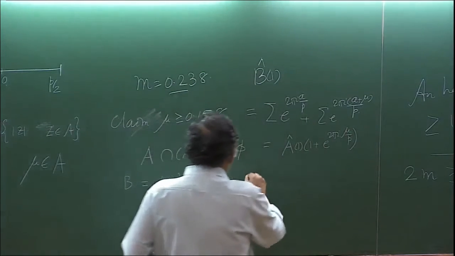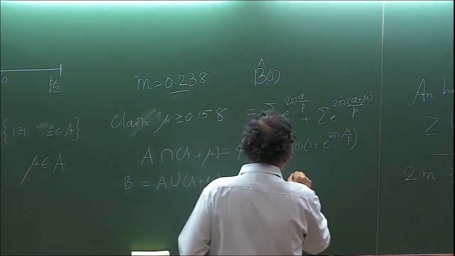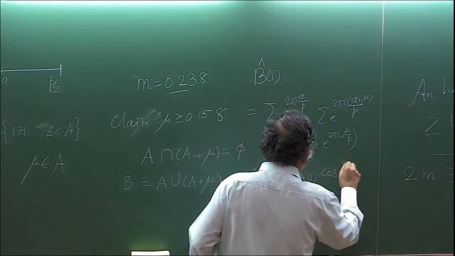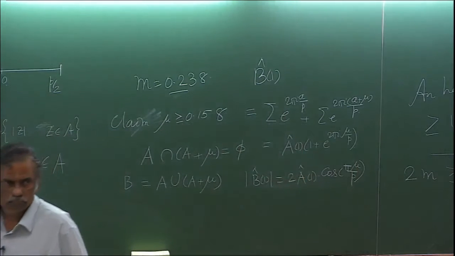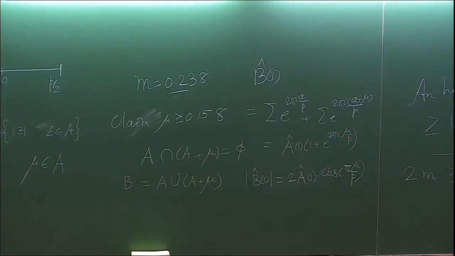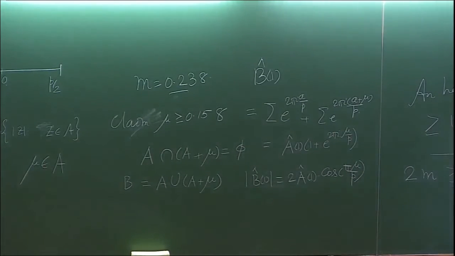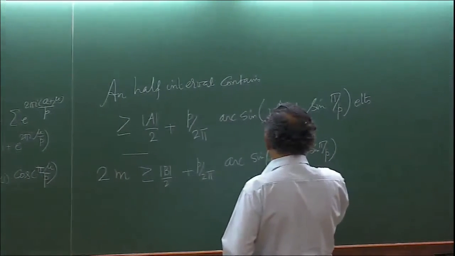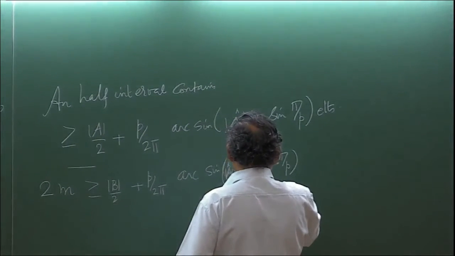And now you can therefore look at this absolute value, which is 2 times a hat 1 into cosine pi mu by p. And therefore you can now put here a hat 1, about which you already have information, into cosine pi mu by p.